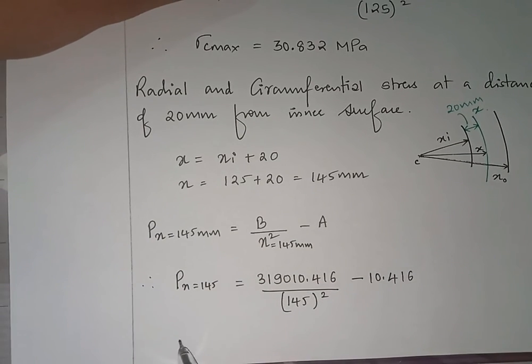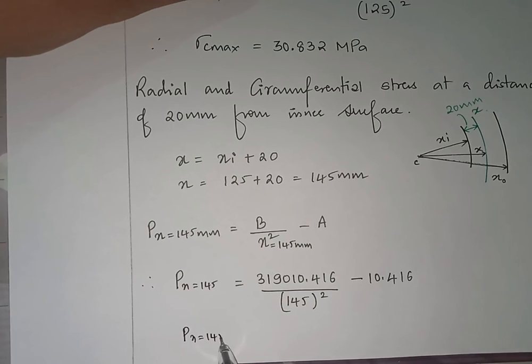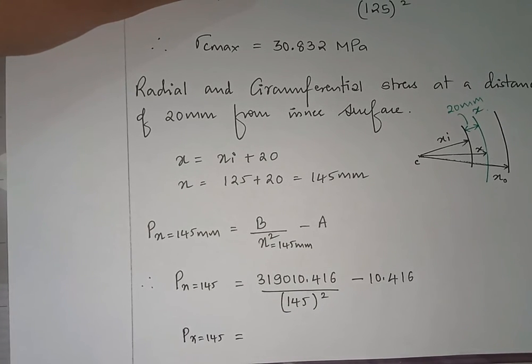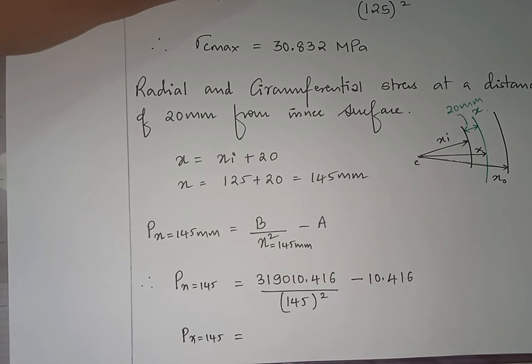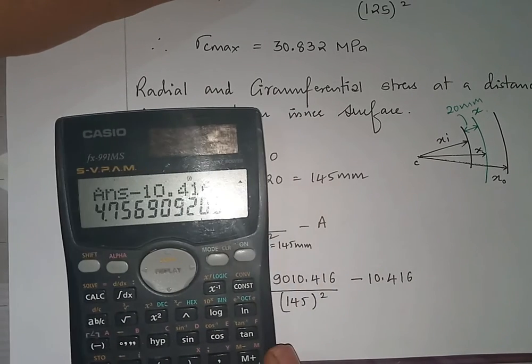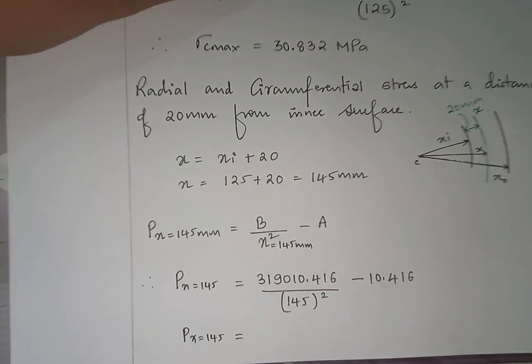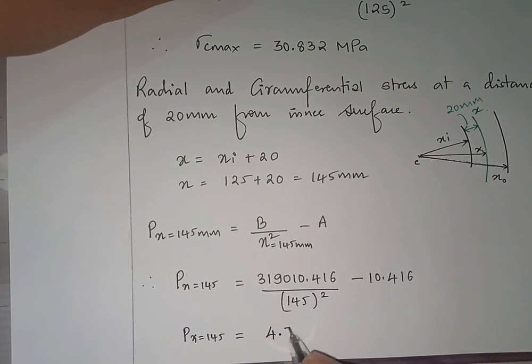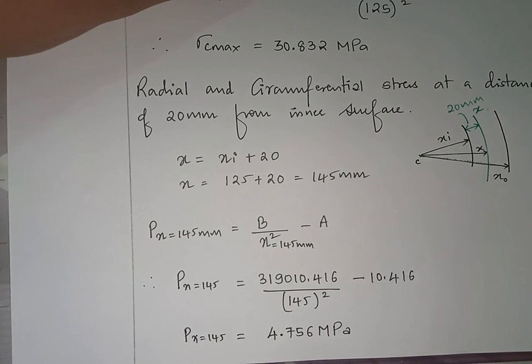If you solve, this is the value of radial pressure. That value I am getting as 4.756 MPa.